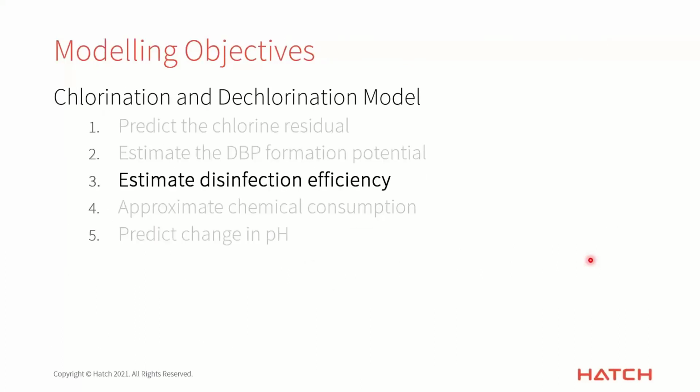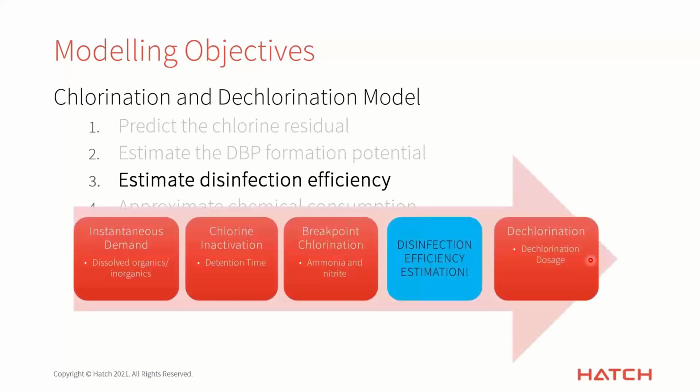Okay, so now I'm going to move on to estimating the disinfection efficiency. So in terms of model calculations, as I mentioned before, the disinfection efficiency is actually calculated before we do the dechlorination calculations. So I have the residual chlorine calculation flow scheme I showed you before, and I just wanted to show where the disinfection efficiency calculation would fit on there.